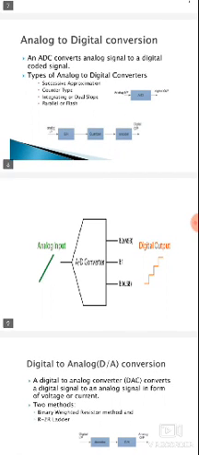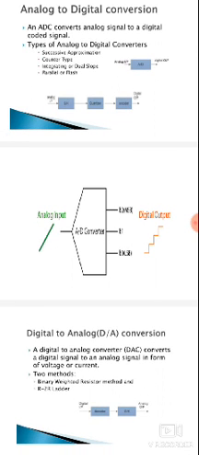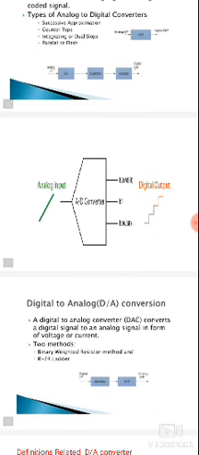In analog to digital conversion, the analog input is given and we get the digital output. The analog input is given to the sample and hold circuit, then the quantizer, and last the encoder. Next we get the digital output. This is the internal section of A to D conversion: sample and hold circuit, quantizer and encoder.